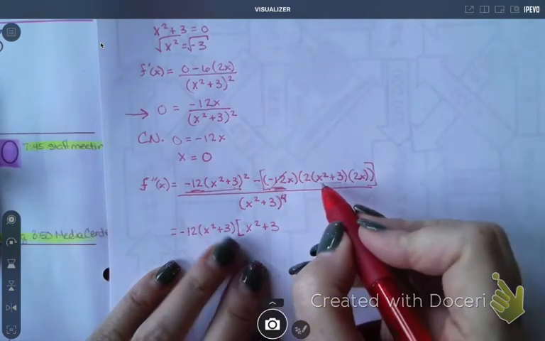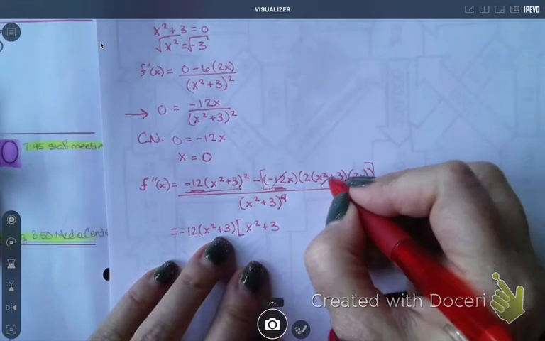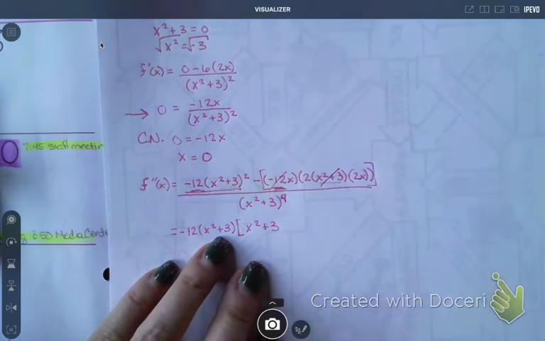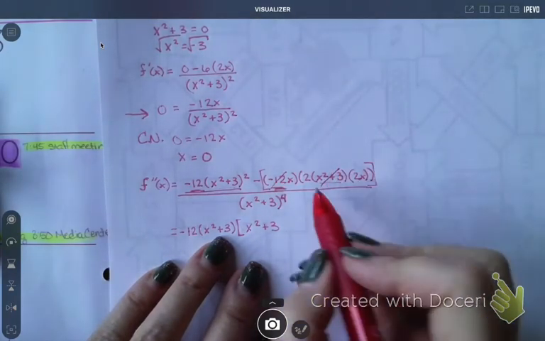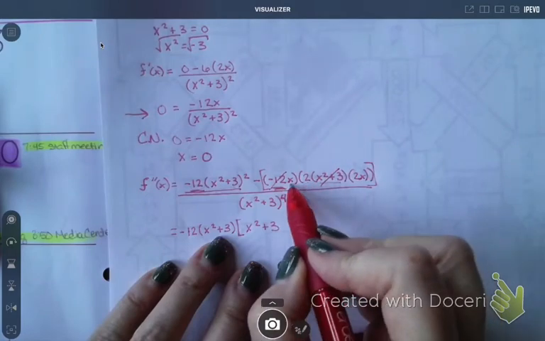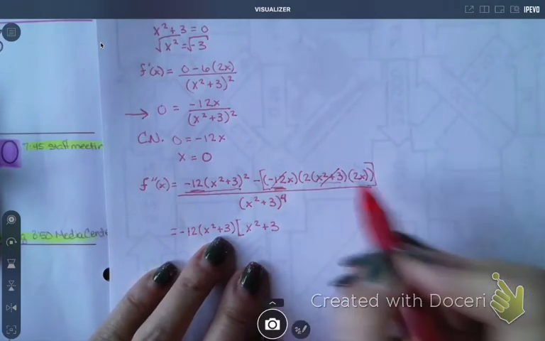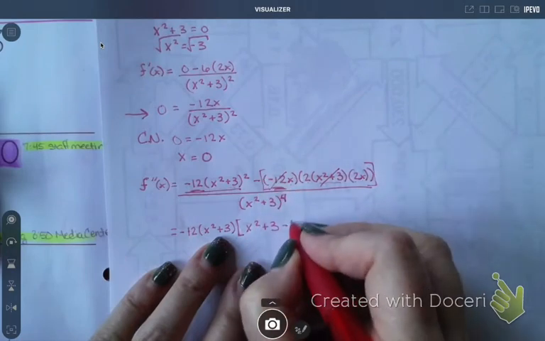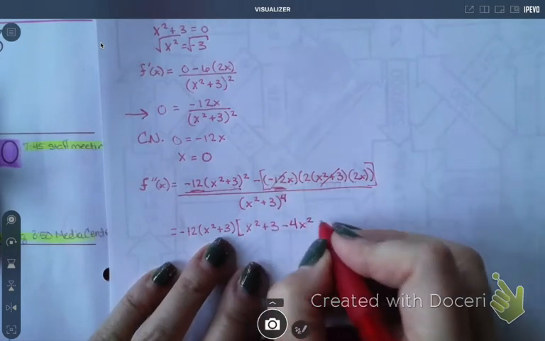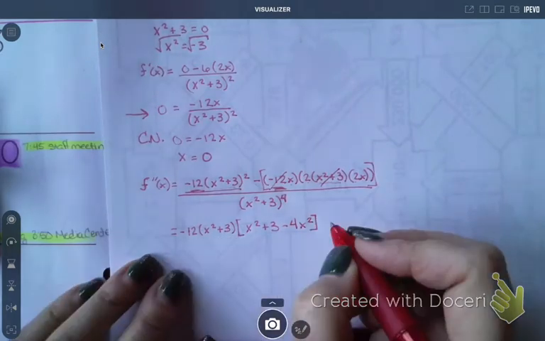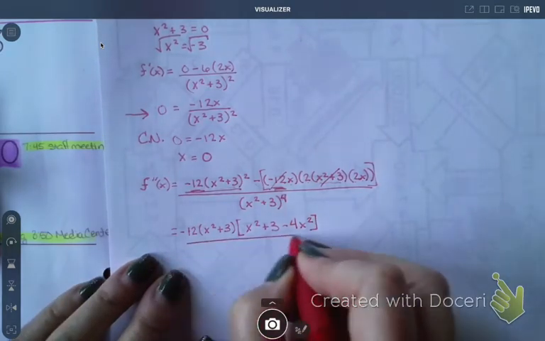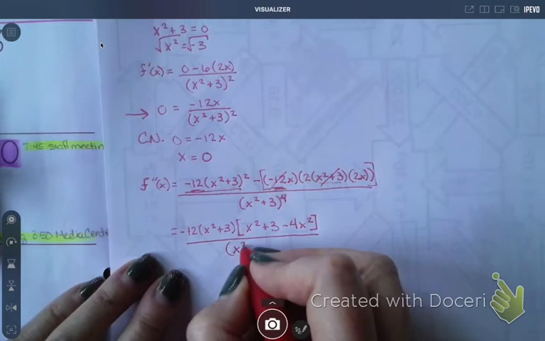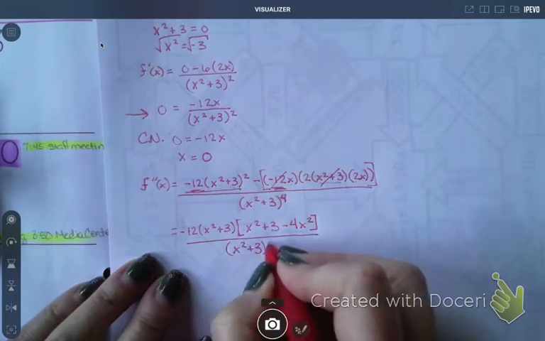I factored out my x squared plus 3. So what do I have left? 2x and 2x should be 4x squared, and it's minus, so minus 4x squared, all over x squared plus 3 to the 4th.